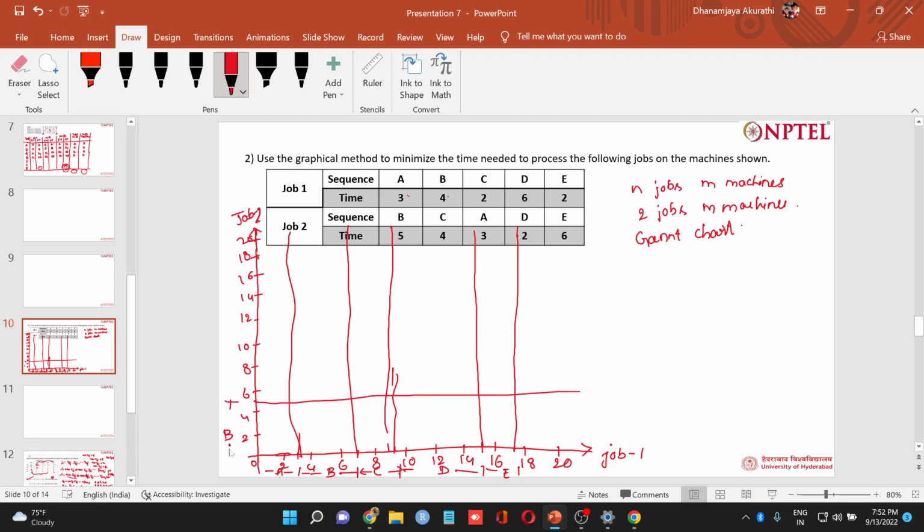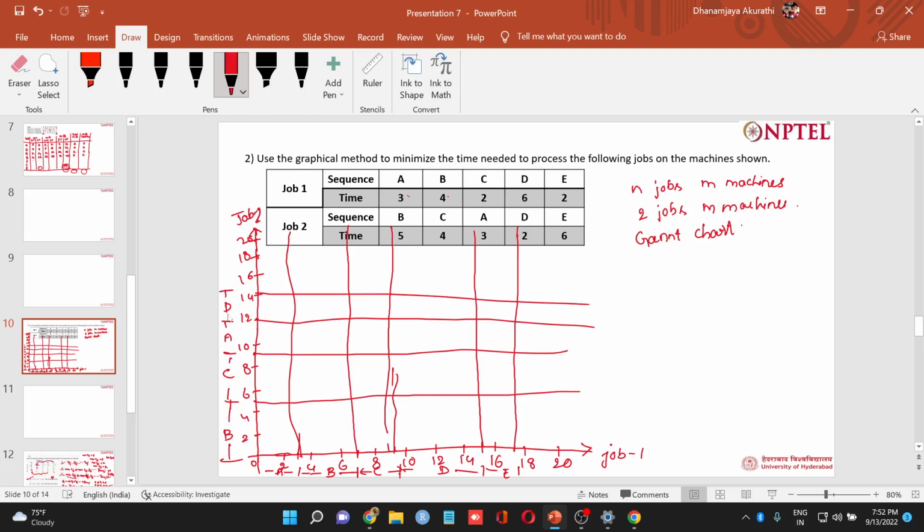It is only for machine B doing job 2, and after 5 hours, 5 plus 4, 9 hours on machine C to do the job 2, and 9 plus 3, 12 on machine A, and 12 plus 2, 14, it's for machine D, and 14 plus 6, 20 on machine E.